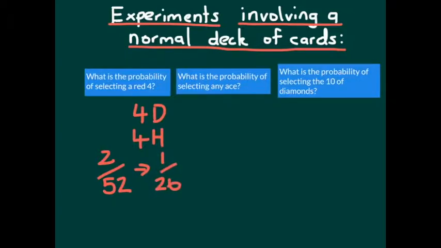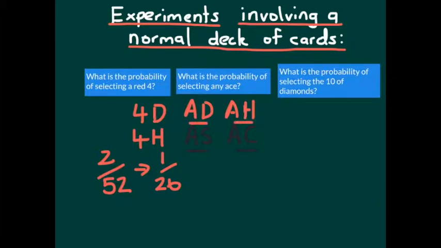So what is the probability of selecting any ace? So it could be a black ace or a red ace. So again, let's have a look. I know I've got the ace of diamonds. I know I've got the ace of hearts. I know I've got the ace of spades. And I know I've got the ace of clubs. So there are 4 different aces in the deck of cards.